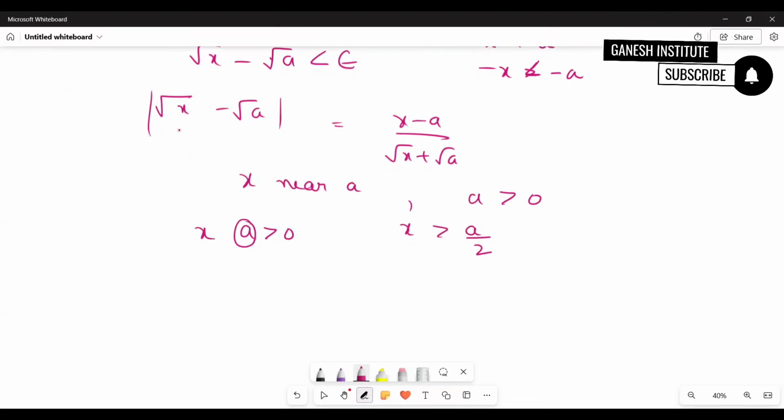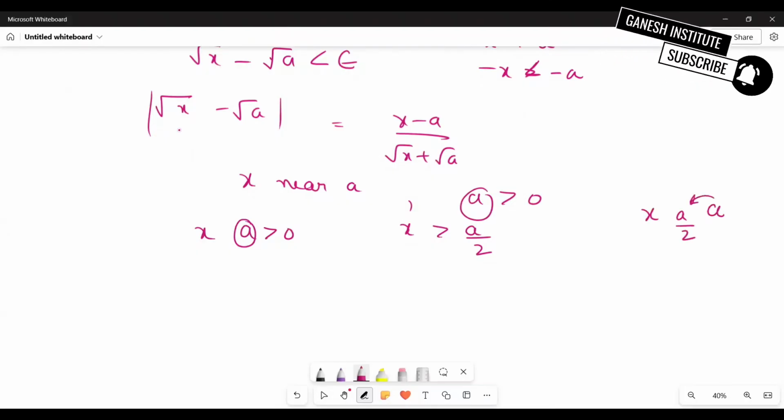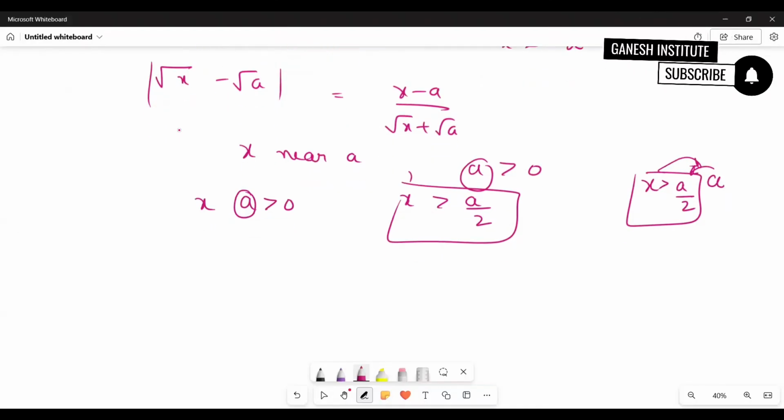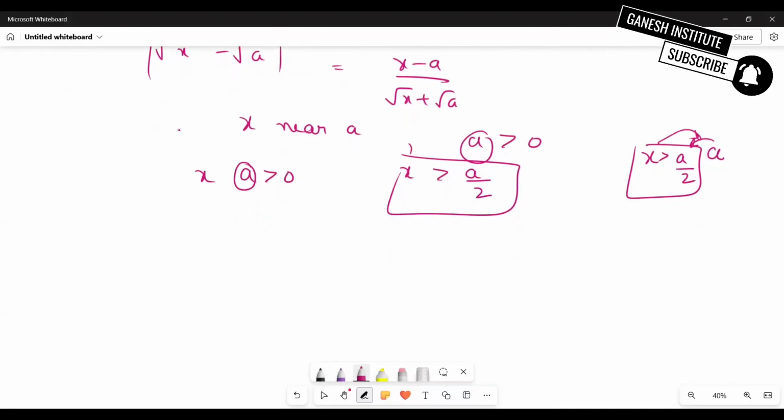I'm assuming x is somewhat near to a and I want to give it a bounded value. So I'm assuming that x is greater than a by 2, so as to get the relation that somewhat a will also come into the picture, okay? I can assume any of the values in the neighborhood. You could have assumed a by 4 also, a by 8, whatever.